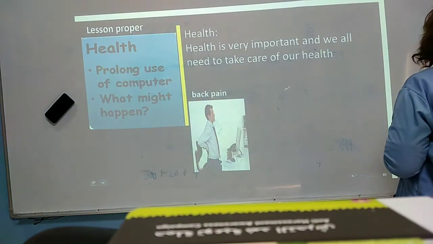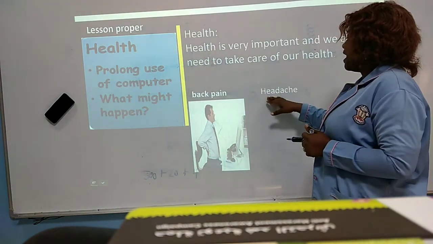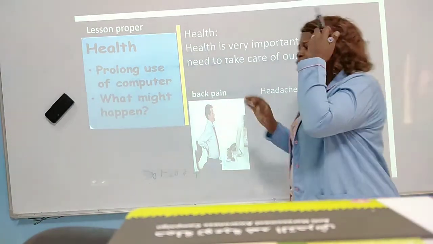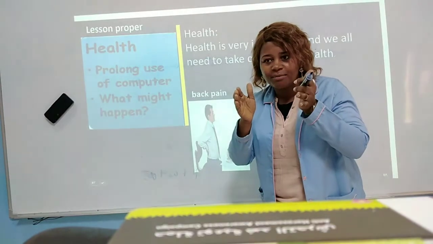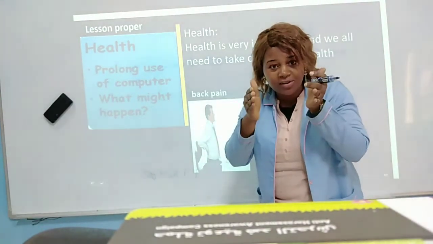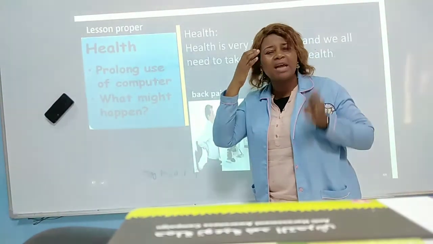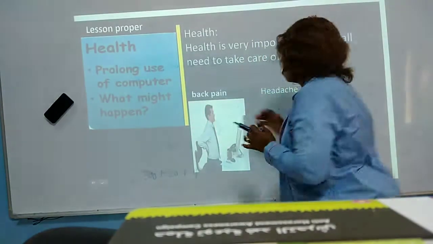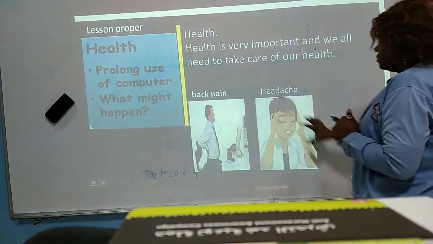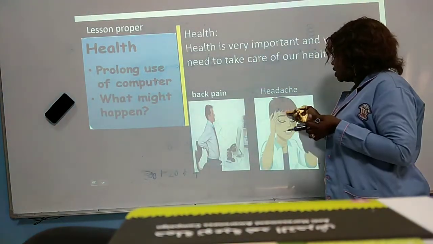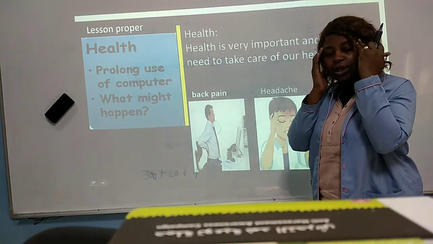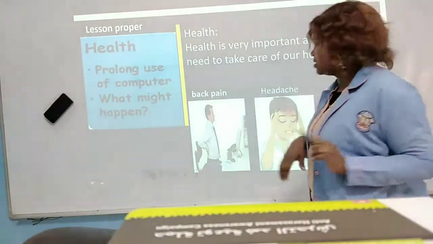We move to the next slide, which says headache. When you've kept your gaze on something, you've always focused on something, it could cause headache. You begin to feel hot in your head. So that is not good.